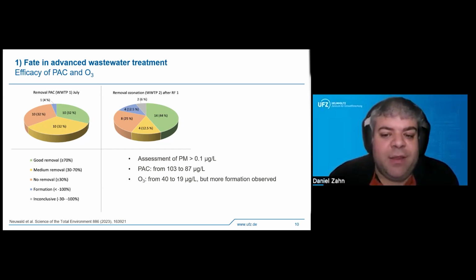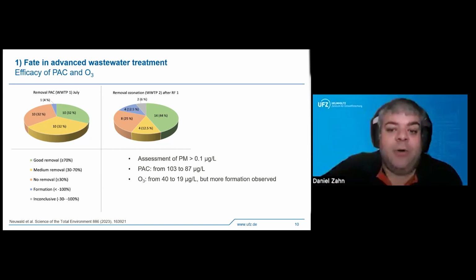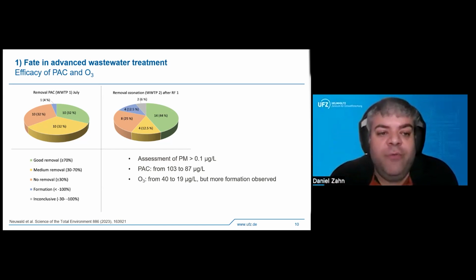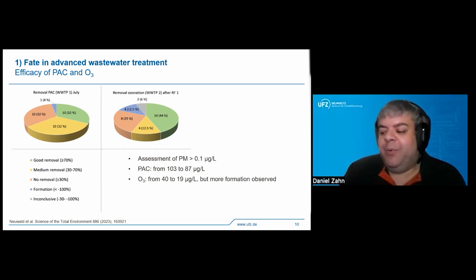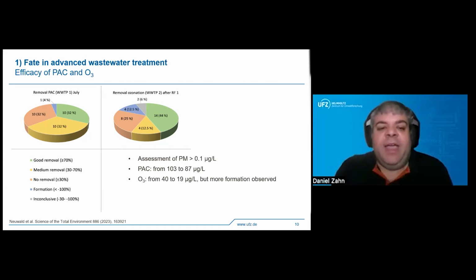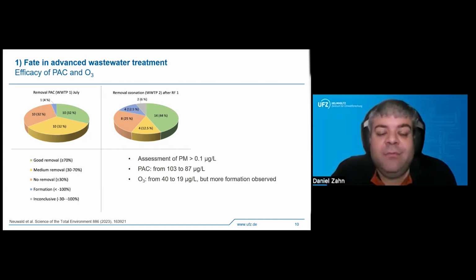On first glance, that doesn't look too bad, but if you have a look at total concentrations again, the powder activated carbon only reduced the PM load from 103 to 87 micrograms per liter. So while 1/3 of chemicals was well removed and 1/3 was partially removed, the total PM burden was only reduced by like 10%. The reason for this is that many of the high concentration chemicals we found were not really affected by powder activated carbon.